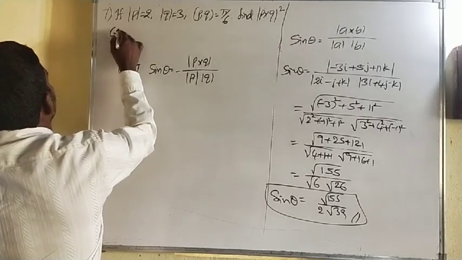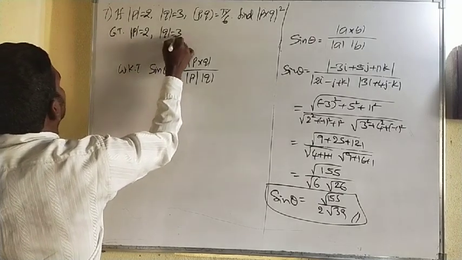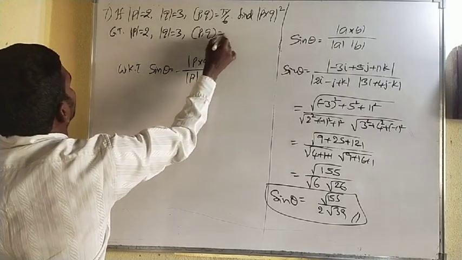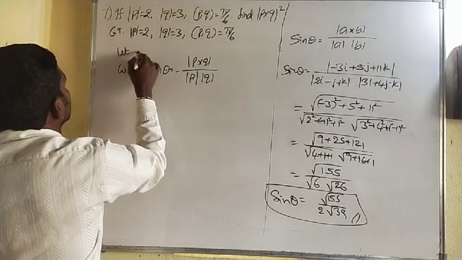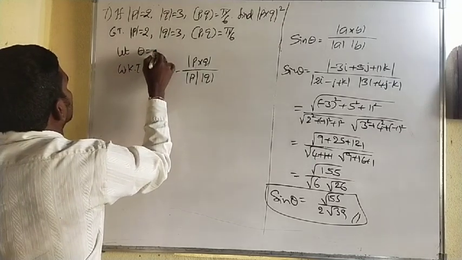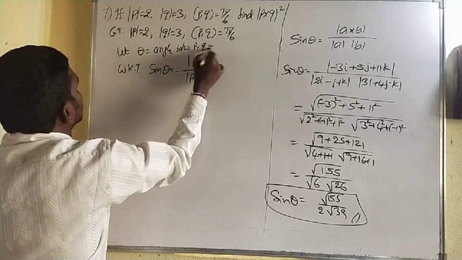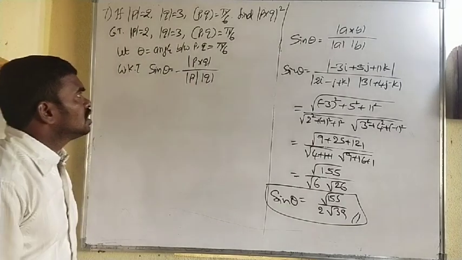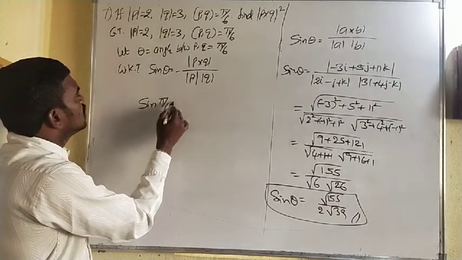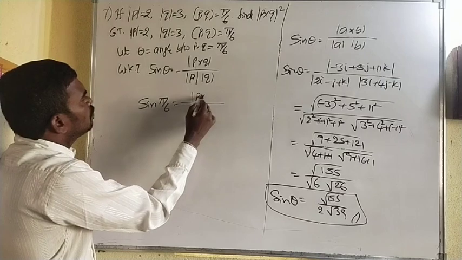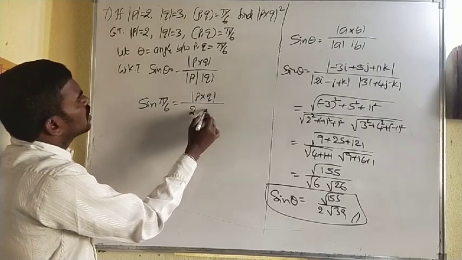So given that mod p equal to 2, modulus q equal to 3, angle between p comma q equal to pi by 6. Let theta be the angle between p and q, that is pi by 6. So we get sin pi by 6 equals modulus p cross q by, what is mod p? 2, into what is mod q? 3.